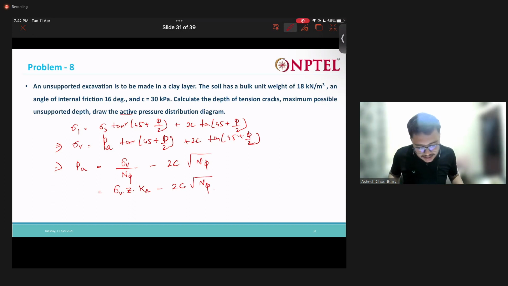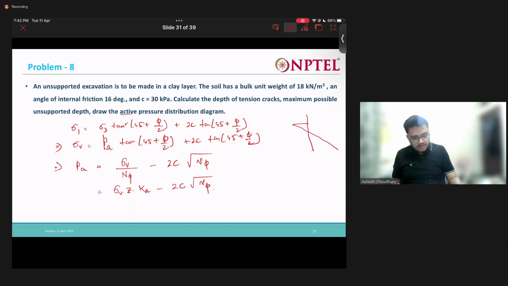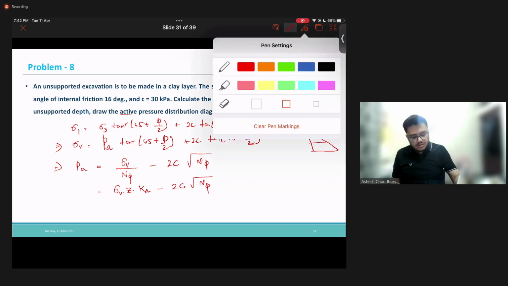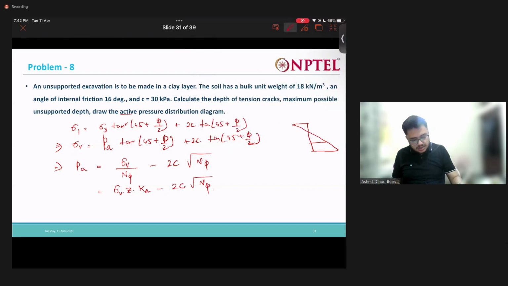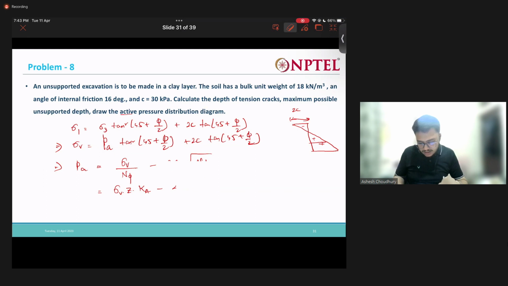Now we are asked to calculate the depth of tension crack. If you remember, our distribution was something like this. This is my negative part, and this is the positive part. This negative part is 2c by root over Ka. What was it? We just derived it previously. Let's go back.